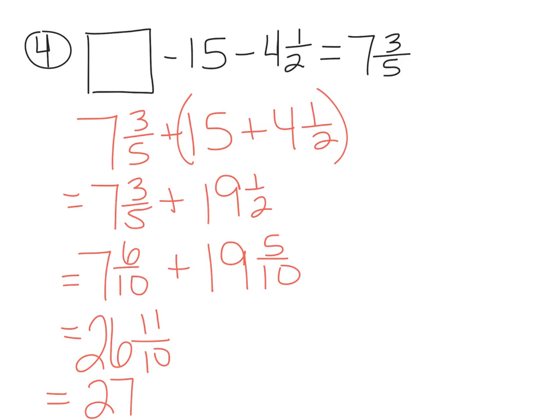All right, I'm taking away one whole, so 11 minus 10 is 1/10 left. So 27 1/10 is what is in the box. So 27 1/10, take away 15, take away 4.5, is equal to 7 3/5. Make sure you showed all your work.